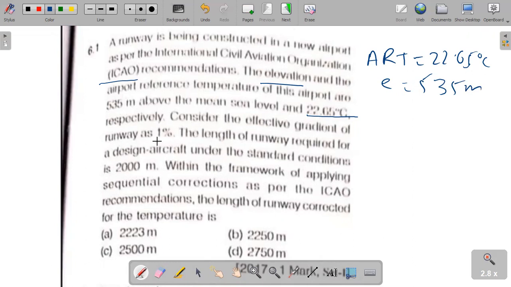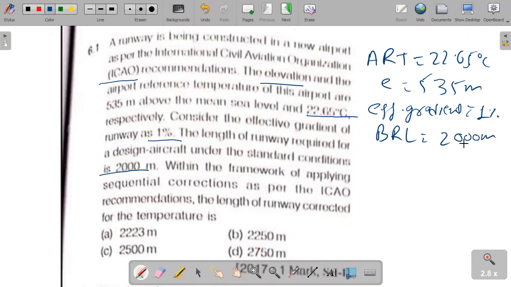Consider the effective gradient of the runway as 1%. The length of runway required for the design aircraft under standard conditions is 2000 meter. Basically, it is the BRL, basic runway length, given as 2000 meter.